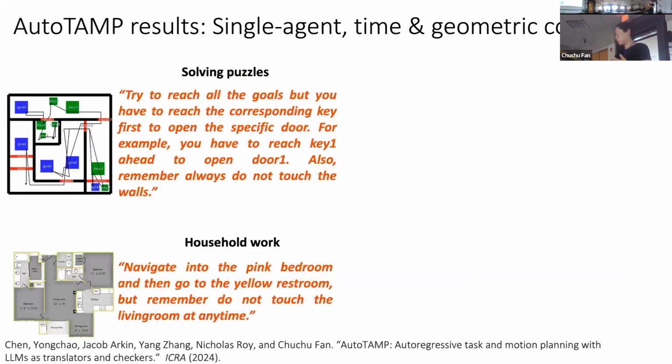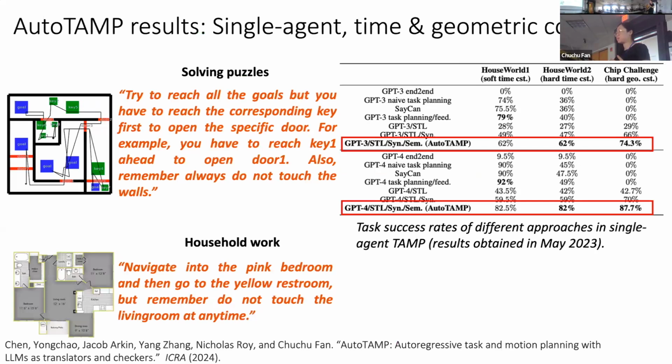Now, with that, we can actually solve these interesting puzzles or the household work using natural language. I'll be super fast here just to show you how the result can get improved. If we plug this framework, called AutoTAMP, the large language model as checker and translator, into GPT-3 and 4, we can see the success rate actually jumped from 0% or less than 10% to pretty high, especially when we have hard constraints on timing and geometric constraints.